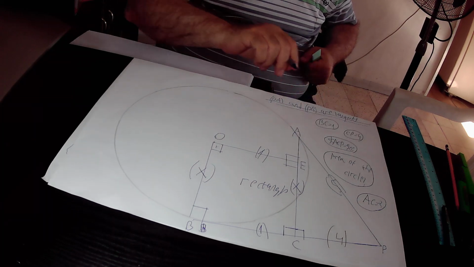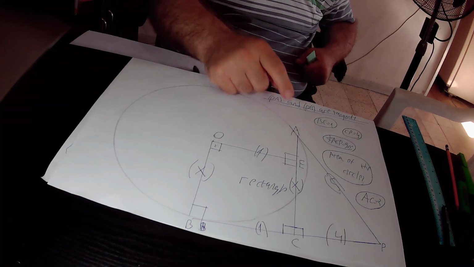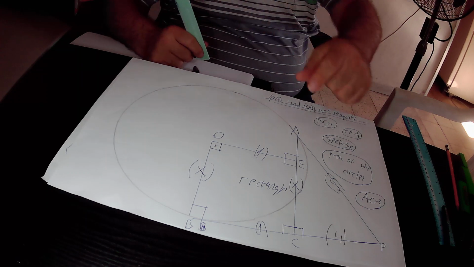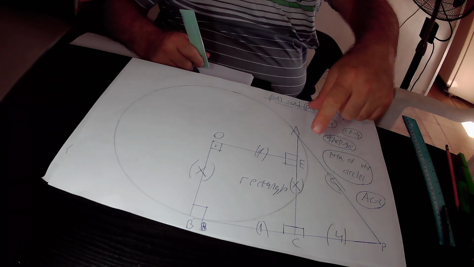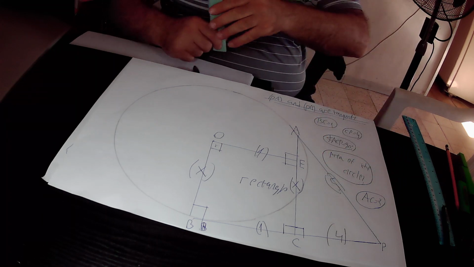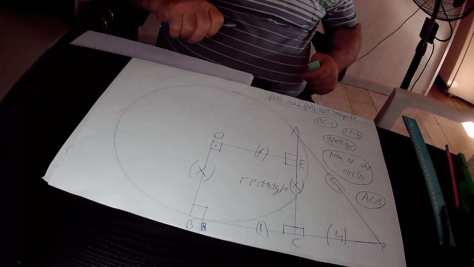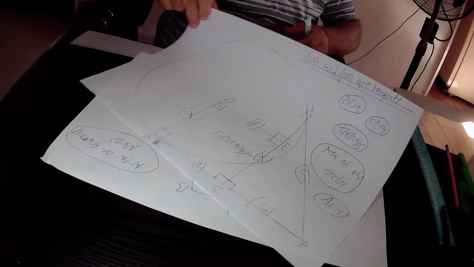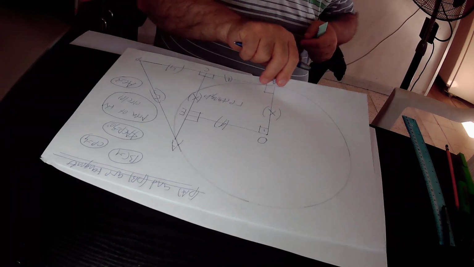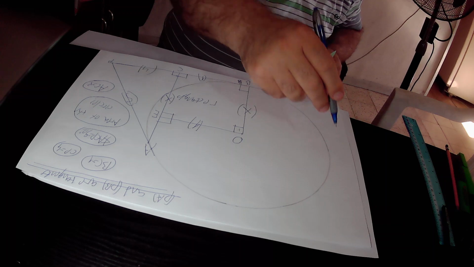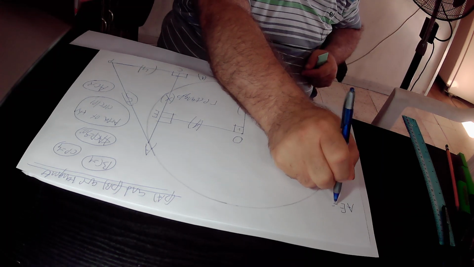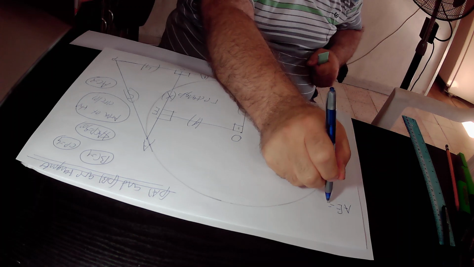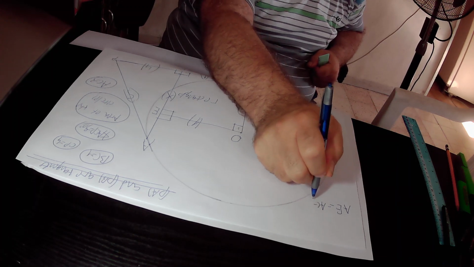What is therefore the missing line segment AE? From the drawing it is very easy to see that AE equals AC minus EC. Again, AE equals AC minus EC. So I write it down. AE equals AC minus EC.